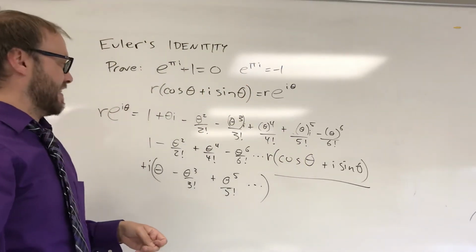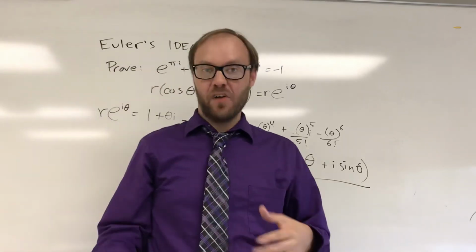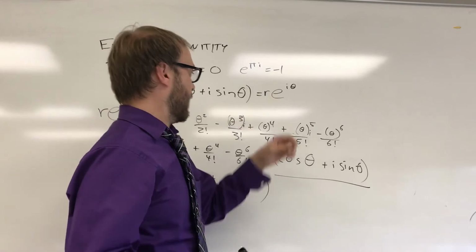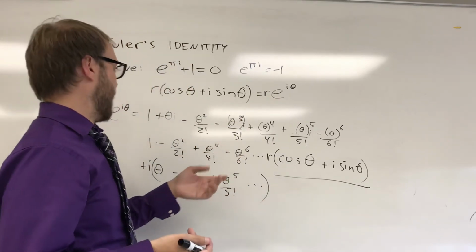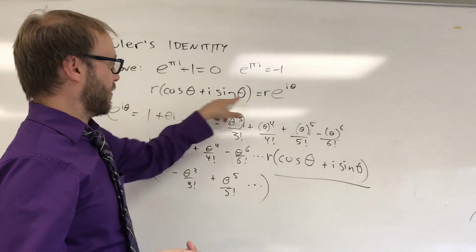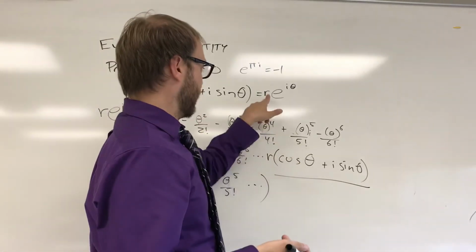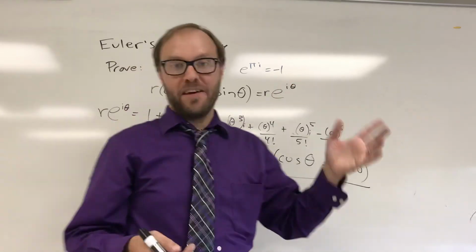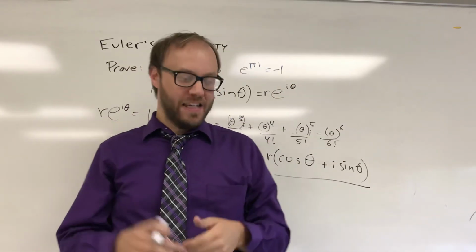And basically says anything you can write in cosine i sine form, you could also write using this setup here. So again, if you have something with a magnitude or an absolute value of 10 and an angle measure of pi over 3, that'd be the same thing as 10 e to the pi over 3 i. Okay, so kind of a cool idea.